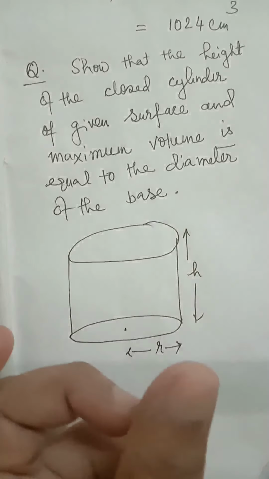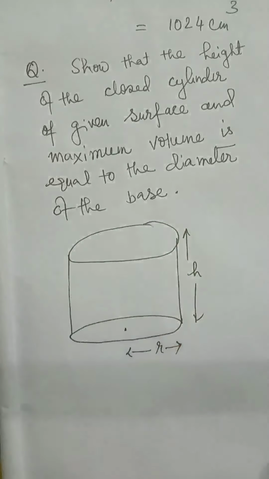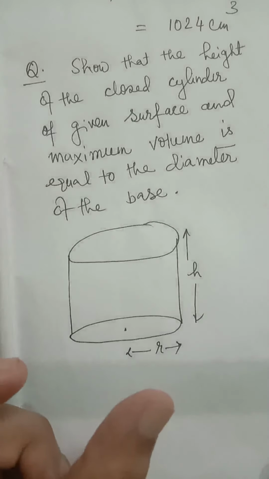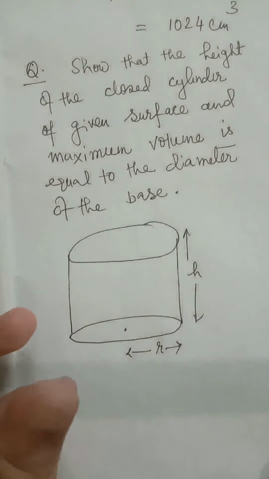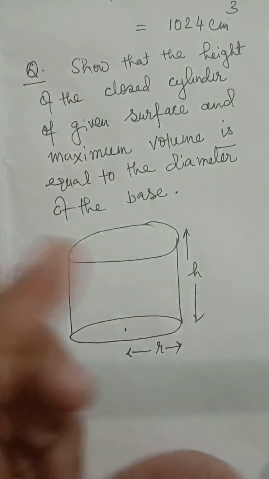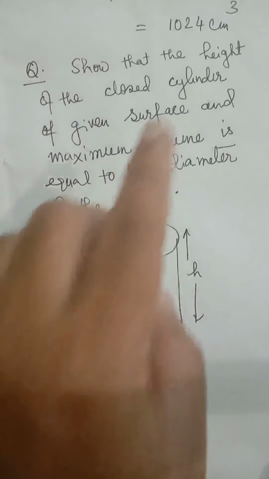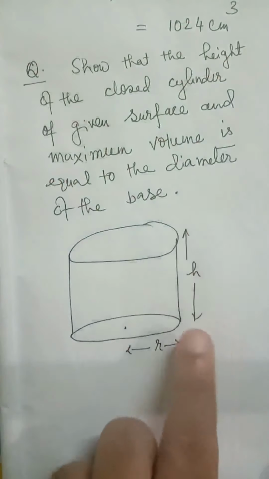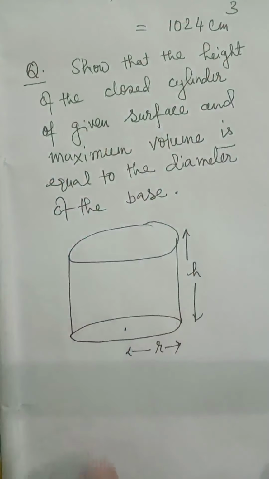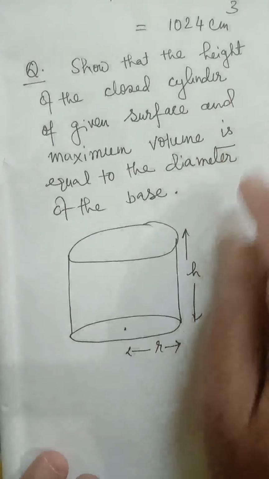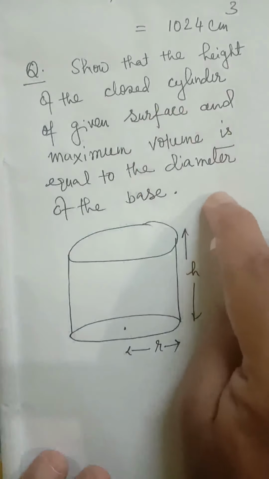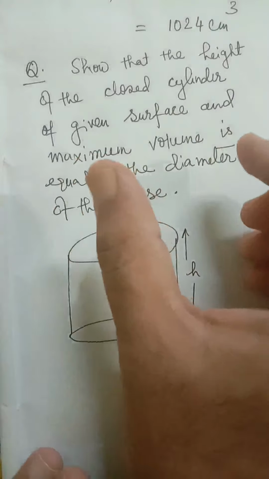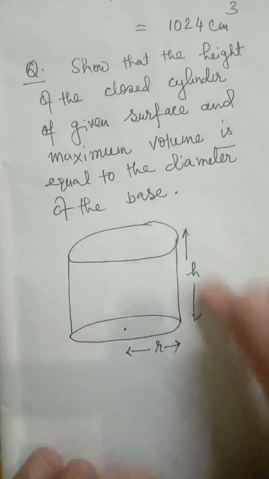If we consider different cylinders with a fixed given surface, what we can see is that the cylinder whose volume is maximum will have its height equal to the diameter of the base. Suppose the fixed surface area is 100.